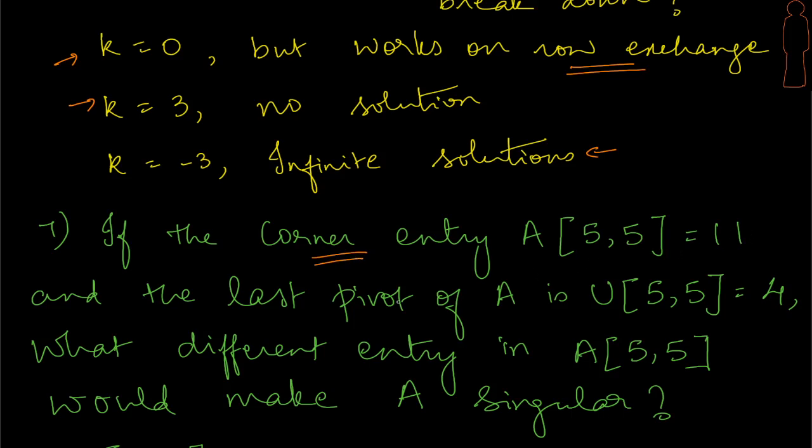Okay, and the last pivot of A in U, where U stands for the upper triangular matrix, is going to be 4. So remember that we had the last element in the diagonal being 11, and it gets changed. The last pivot is 4. So the original value is 11 and it has changed to 4.